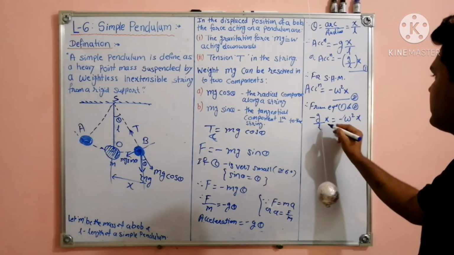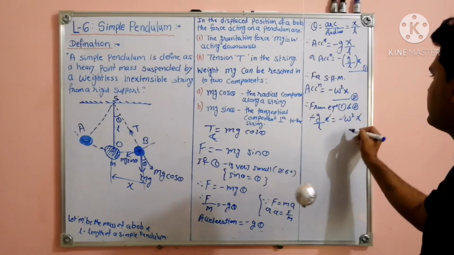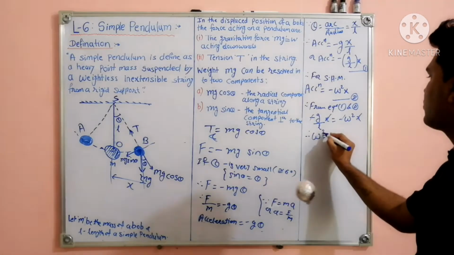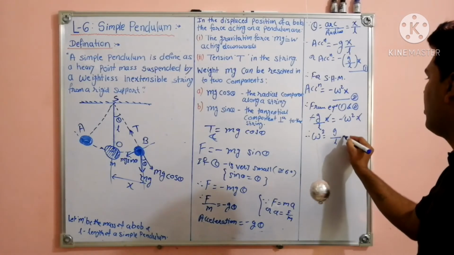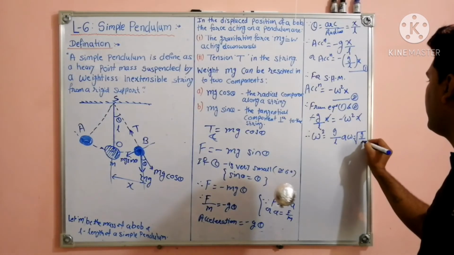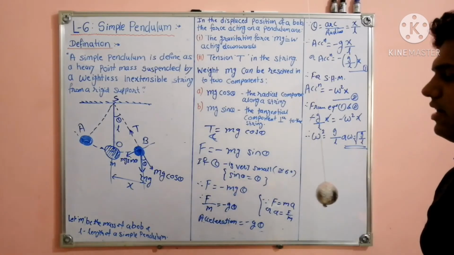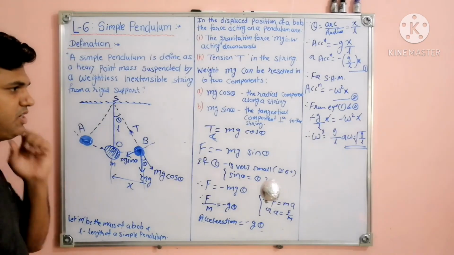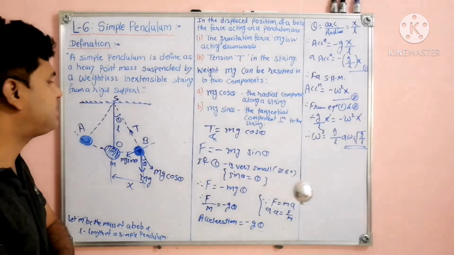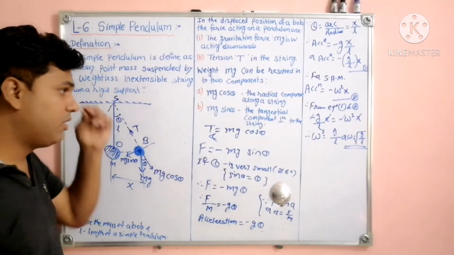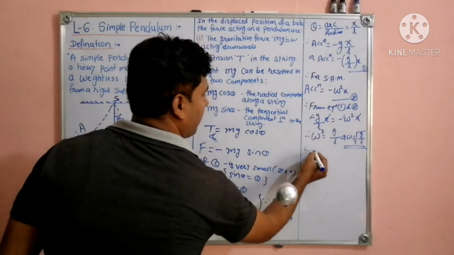Here the minus signs cancel, and x cancels. Therefore omega square equals g by L, or omega equals under root of g by L. This is the angular velocity, where g is the acceleration due to gravity and L is the length of the pendulum.